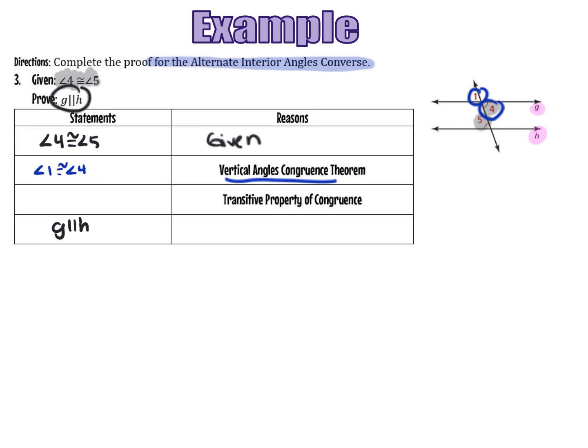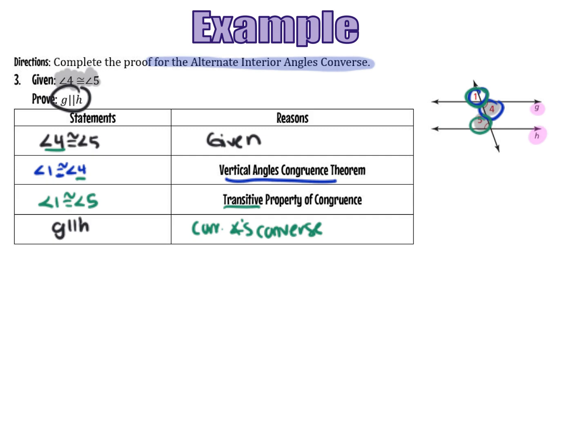That is the vertical angles congruence theorem. And if angle 1 is congruent to angle 4, and angle 5 is congruent to angle 4, I can say that angle 1 is congruent to angle 5 by the transitive property. And if angle 1 and angle 5 are congruent, which are corresponding angles, I can use the corresponding angles converse to conclude that G is parallel to H. And there we have it.